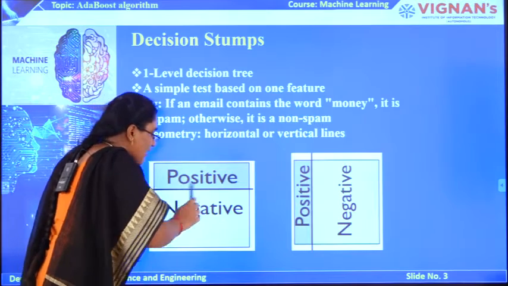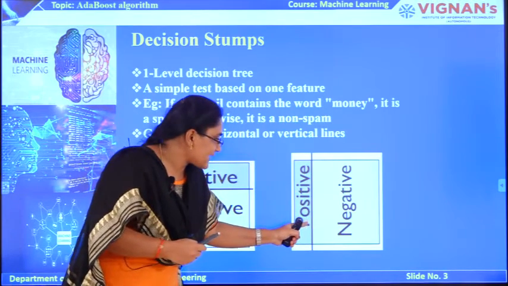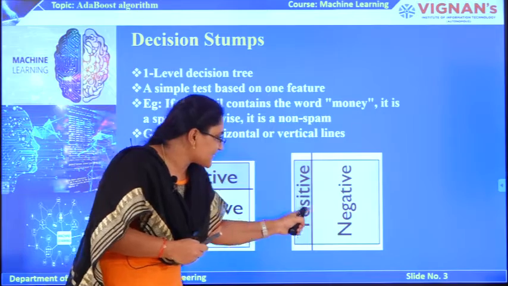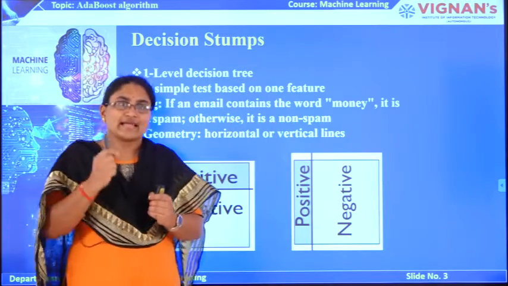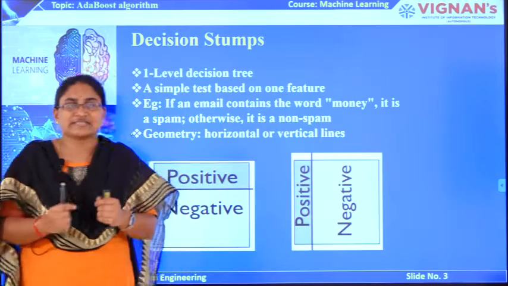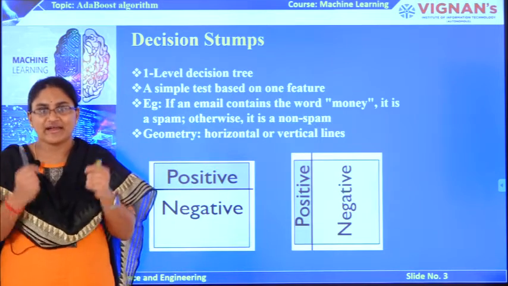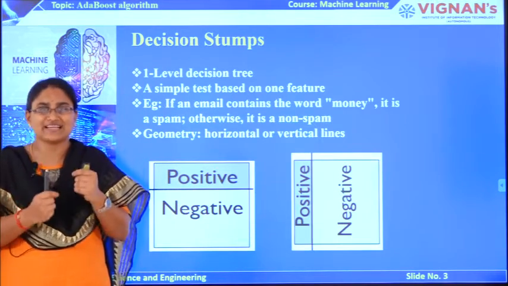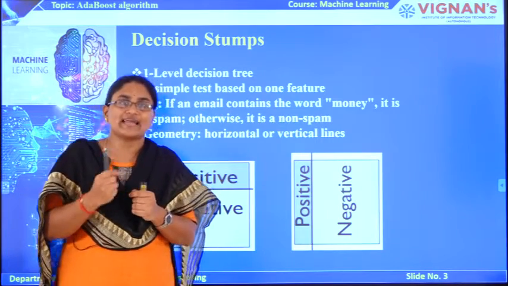One is the positive and another one is the negative classification. So it uses the vertical line like this for classification of positive and negative points. In this way, the decision stump classifies the different data points in a given data set by using geometrical lines, that is, vertical and horizontal lines.